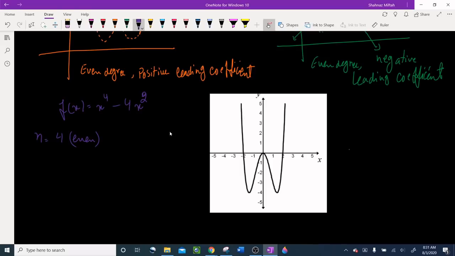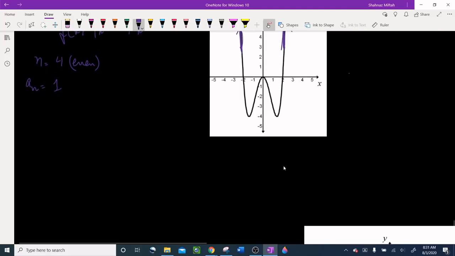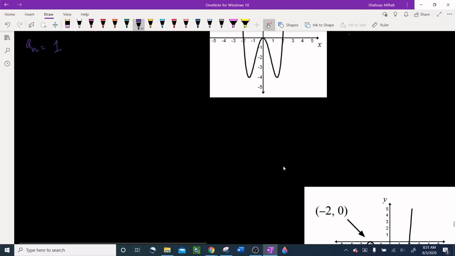In this case, since the leading coefficient is 1, so a_n equals 1, because there's an invisible 1 right there, and it's positive, the graph rises to the left and to the right. You can see the graph rises right here and also rises right here. So if it's even and the leading coefficient is positive, both rise, and if it's negative, then both fall.